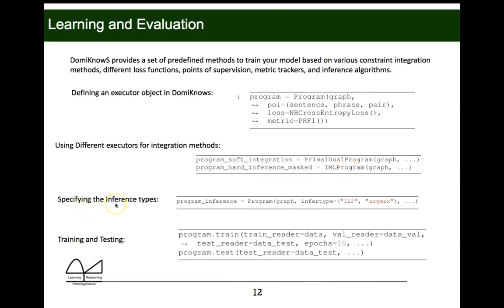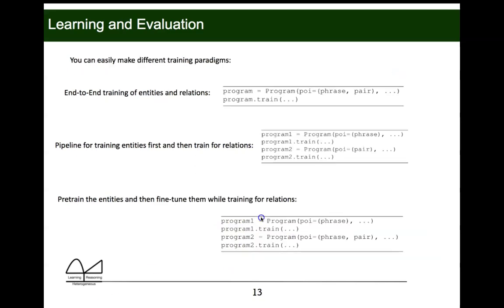You can also define different inference on top of your decisions. You can simply just use argmax or do an ILP optimization just by passing that into the infer type of these programs. For actual training and testing, you can also call program's train and test with their respective parameters. This also makes it easy to define different training paradigms based on the same declaration.